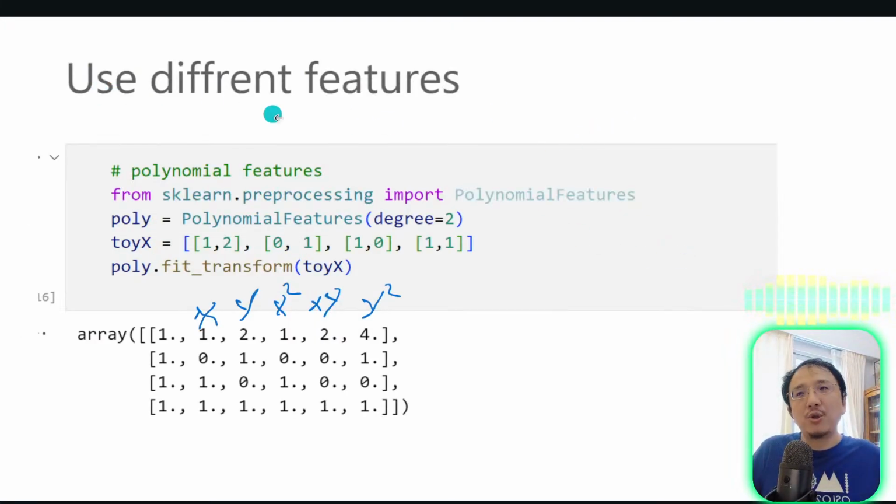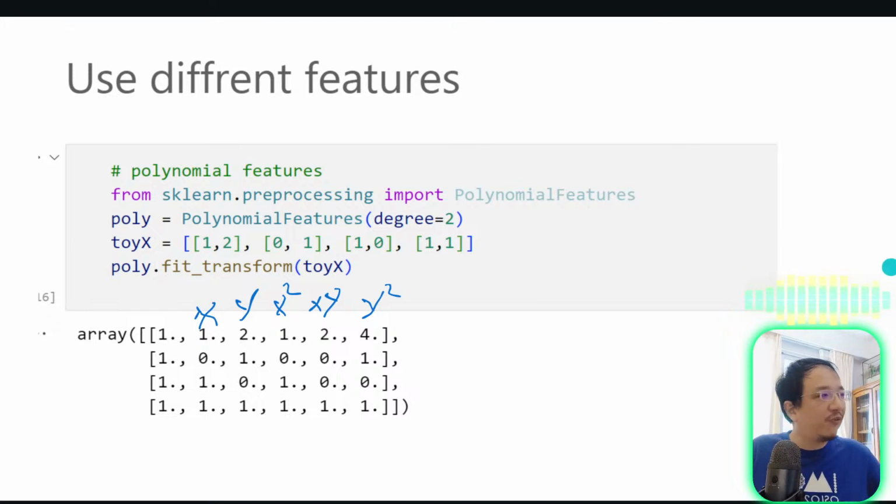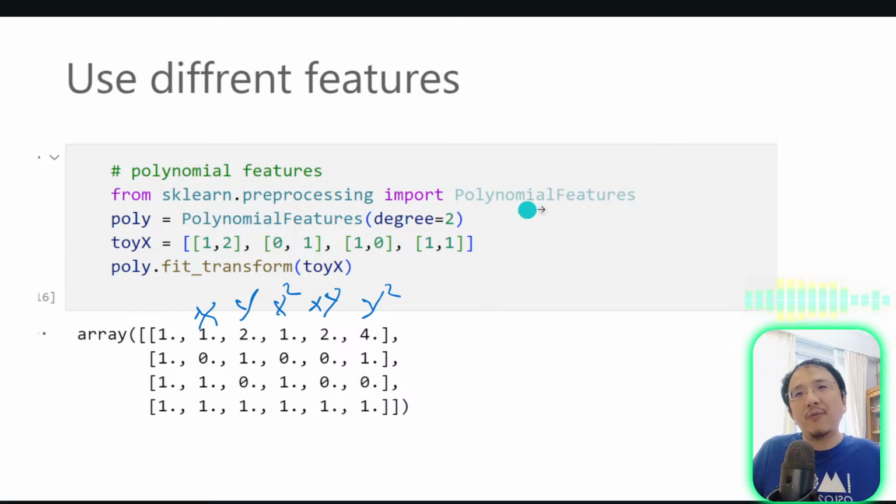We can use different features. One way is to use polynomial features. Scikit-learn preprocessing provides the functionality of PolynomialFeatures to generate polynomial features. I use a toy dataset to demonstrate what it does. The toy dataset has 2 features and 4 samples.